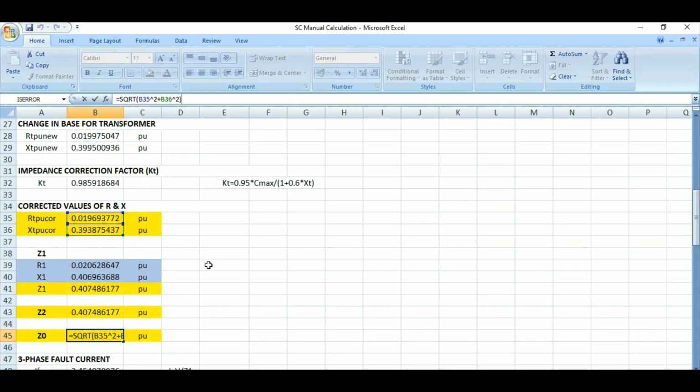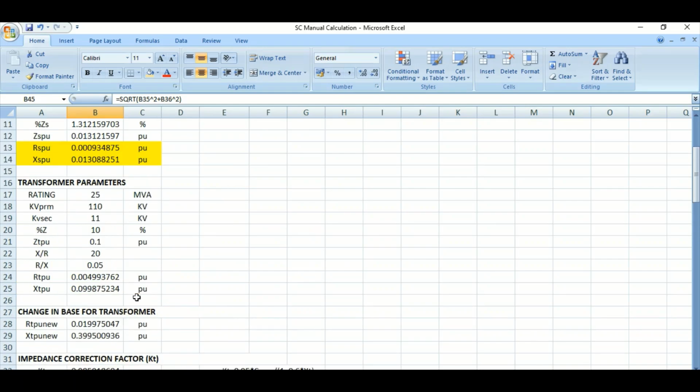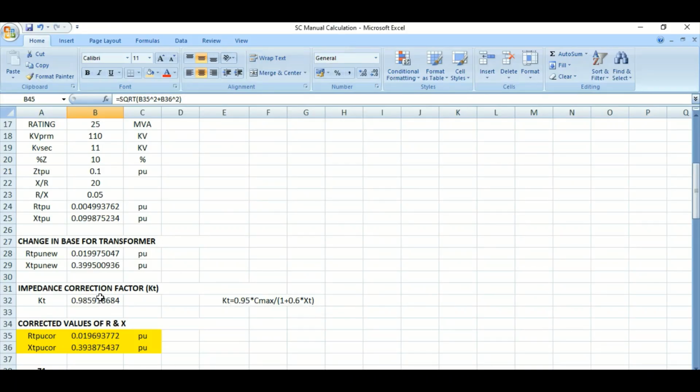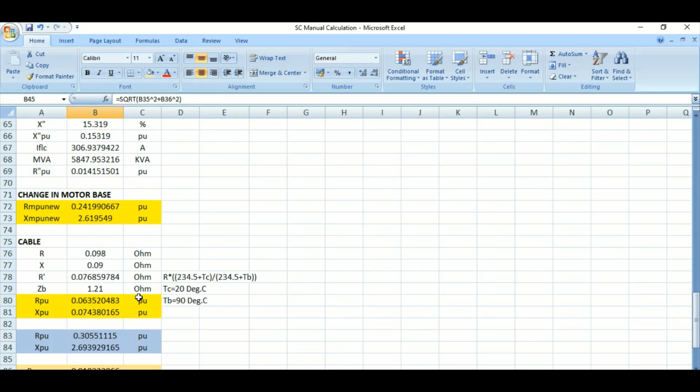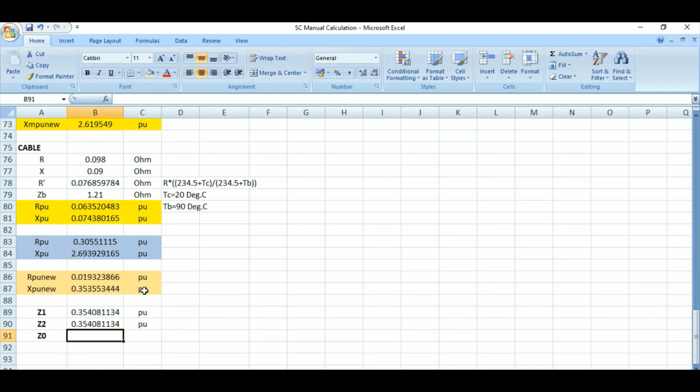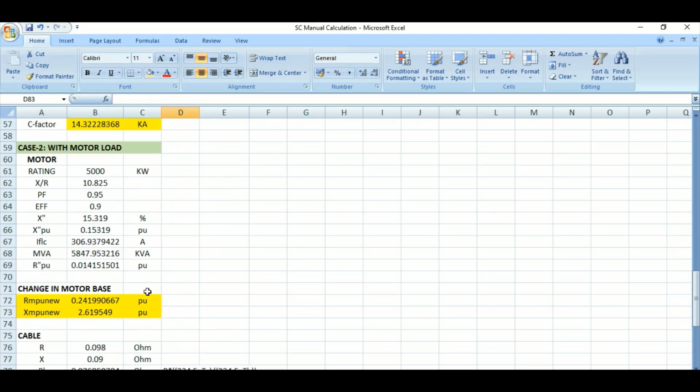Okay, for Z0, in the previous video what we have done: since this is a delta star connected solidly grounded system, the Z0 value will not consider the source impedance because the primary side of the transformer is delta connected, right? So in the same way here also, to calculate the Z0 value, we have to consider this cable and motor resistance and reactance value, there is no doubt.